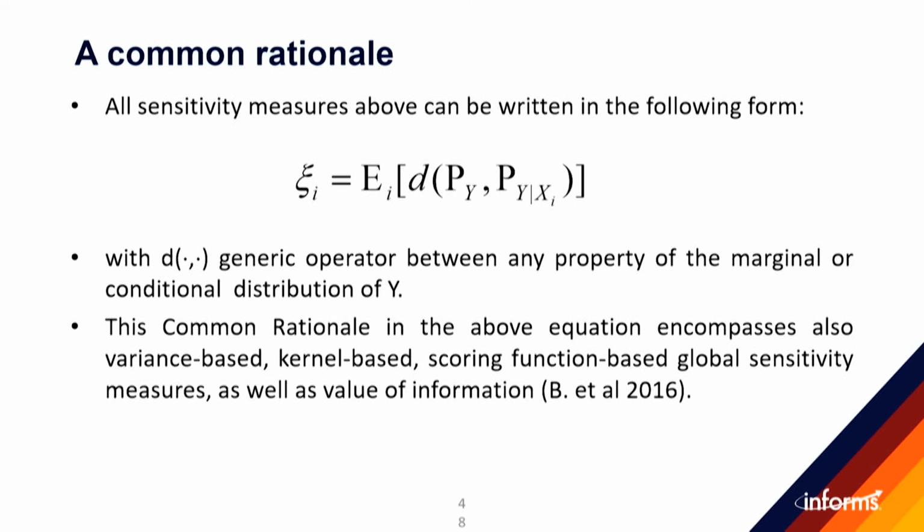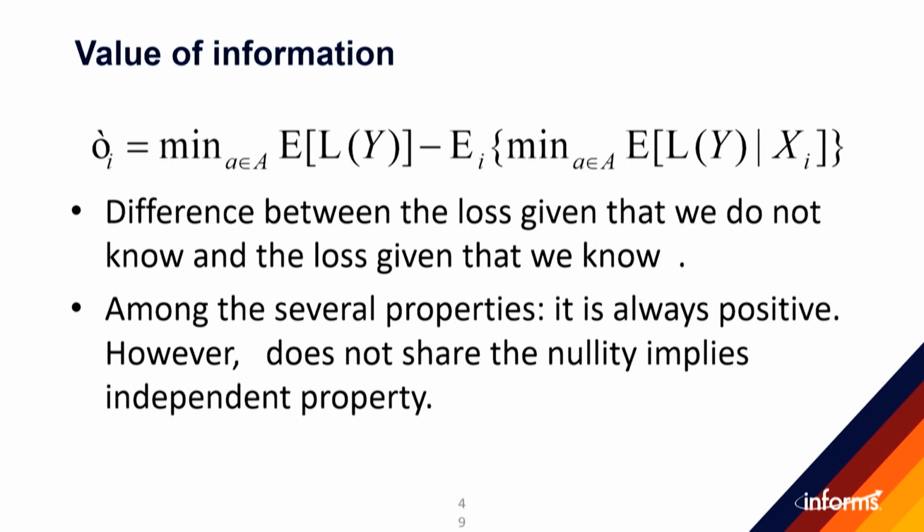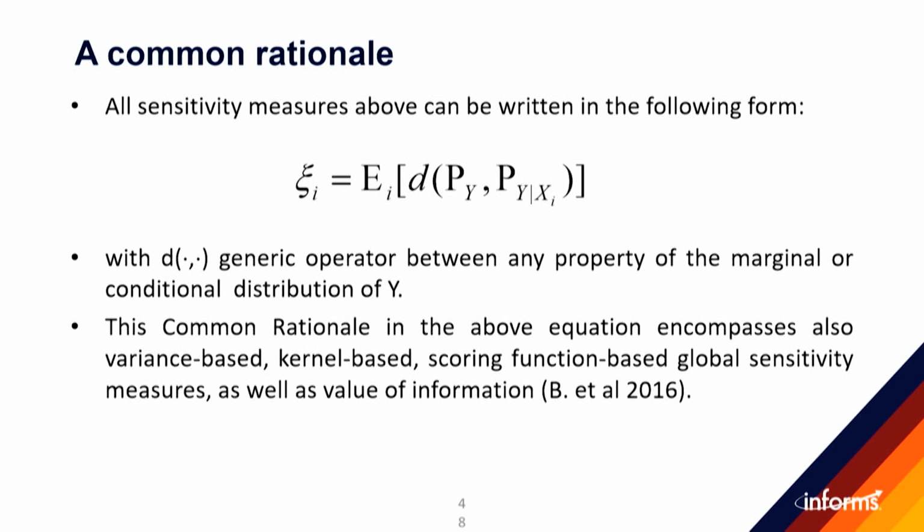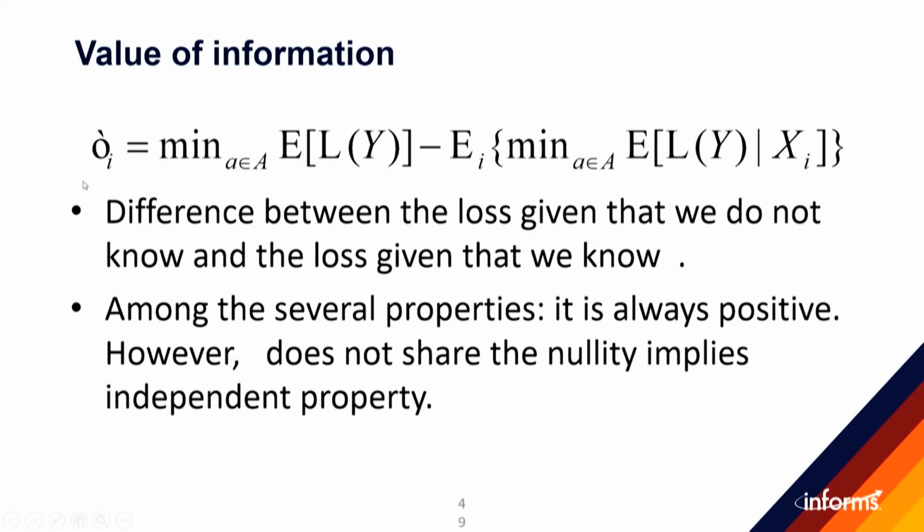In general, they can all be part of this common rationale, which is a distance between the blue and the red line that we have seen before. I'm skipping because it's a bit technical. And here there is also a nice connection that has been found in recent works: this framework that you see, going from my marginal distribution to where I would go if I get information about xi, is close to value of information, which unfortunately is printed badly because of a font translation, but there should be an epsilon.